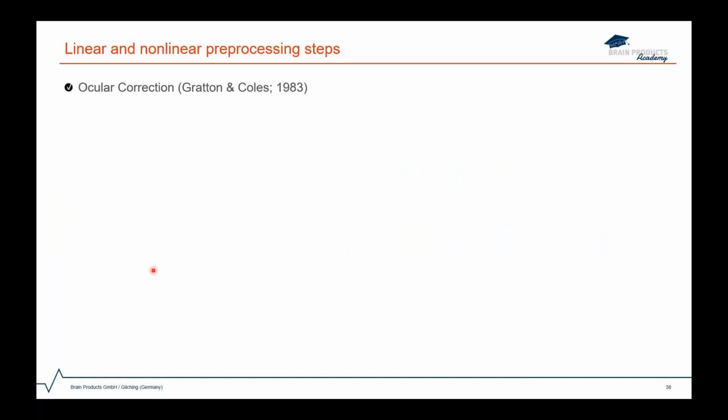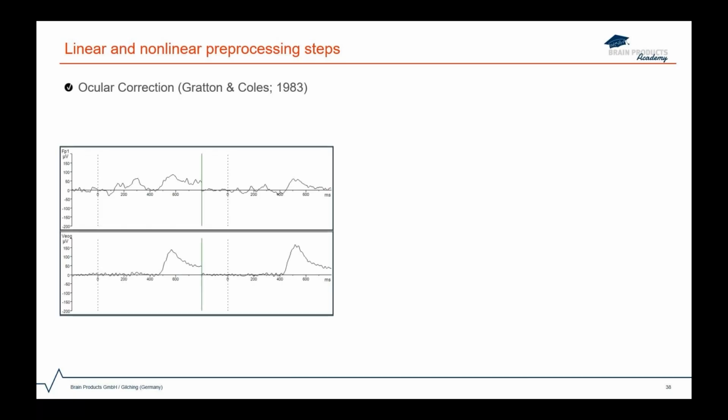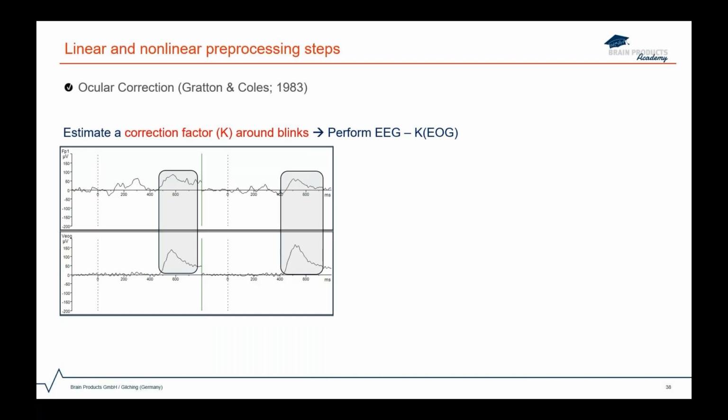As another example, we can see here the ocular correction from the Gratton and Coles method, where first it locates the blinks and estimates a correction factor called K around the blinks. And once having it, it will perform a subtraction of EEG minus K times EOG.